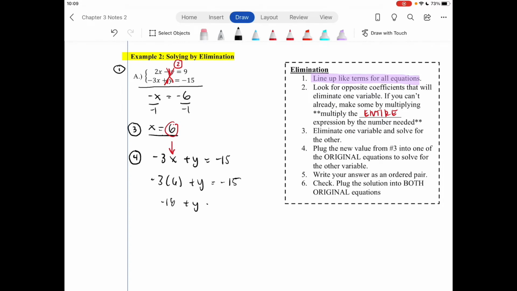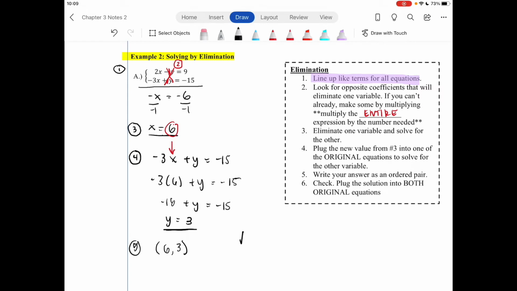Negative 18 plus y equals negative 15. We'll add 18 to both sides, so y will be equal to positive 3. Here is our second answer. Now we'll combine these together in step number 5 with our x term first, which is 6, and y next, which is 3, meaning the solution is 6, 3.